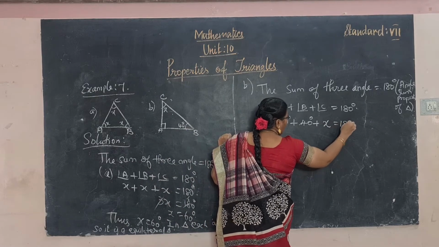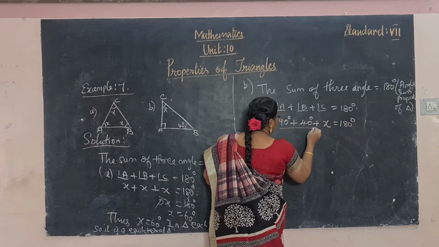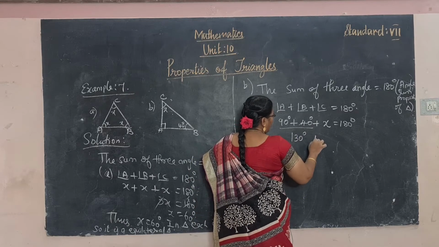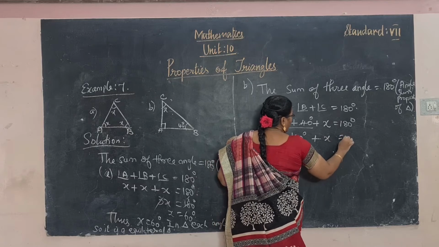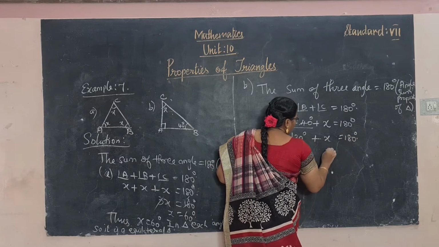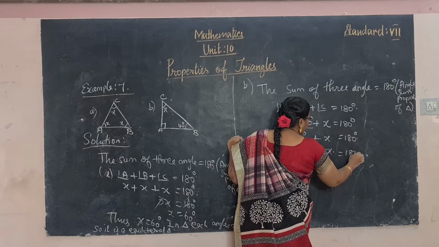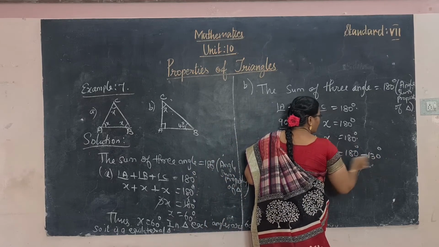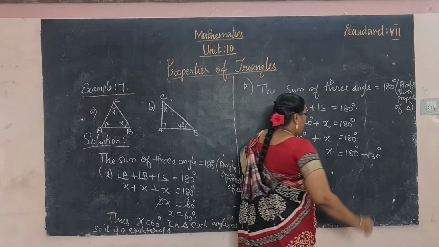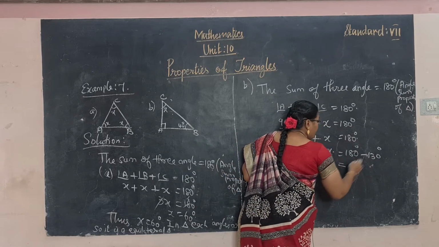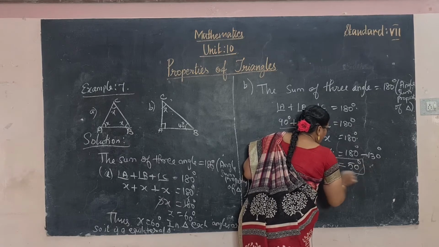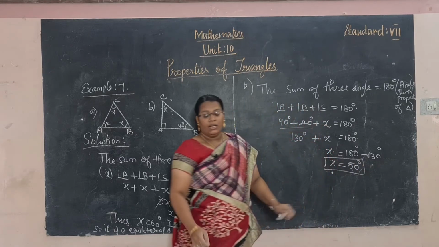Now add these two values, what do we get? 130 degrees plus x equal to 180 degrees. So x equal to 180 degrees minus 130 degrees, by using the transpose method. Subtract, what do we get? 50 degrees. Thus the x value is 50 degrees.